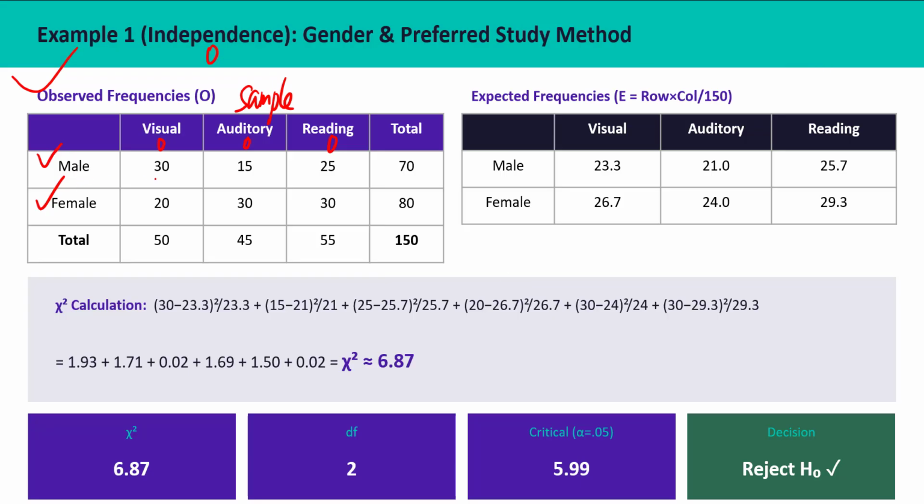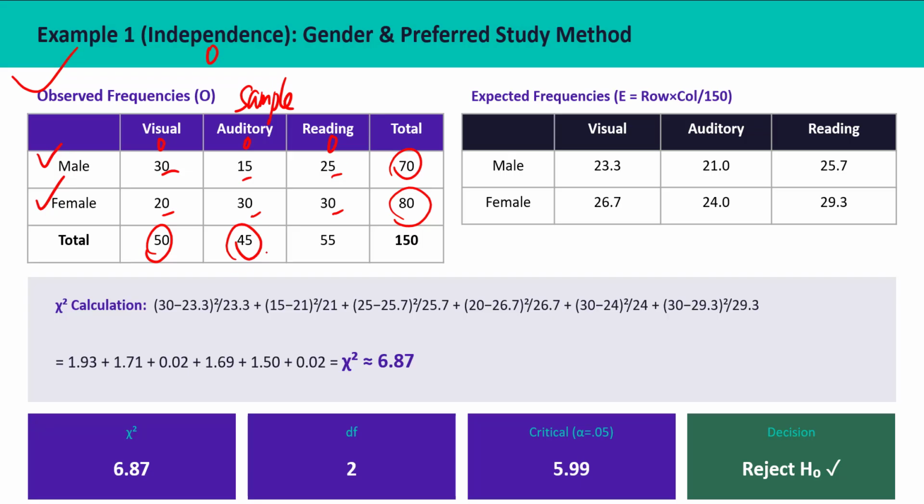So the first row, males, you're adding 30 plus 15 plus 25, that's 70. The second row, you're adding female in three different categories, 20 plus 30 plus 30, that's 80. And then the column totals: the first column is visual learners, 30 plus 20 is 50. The second is auditory learners, 15 plus 30 is 45.